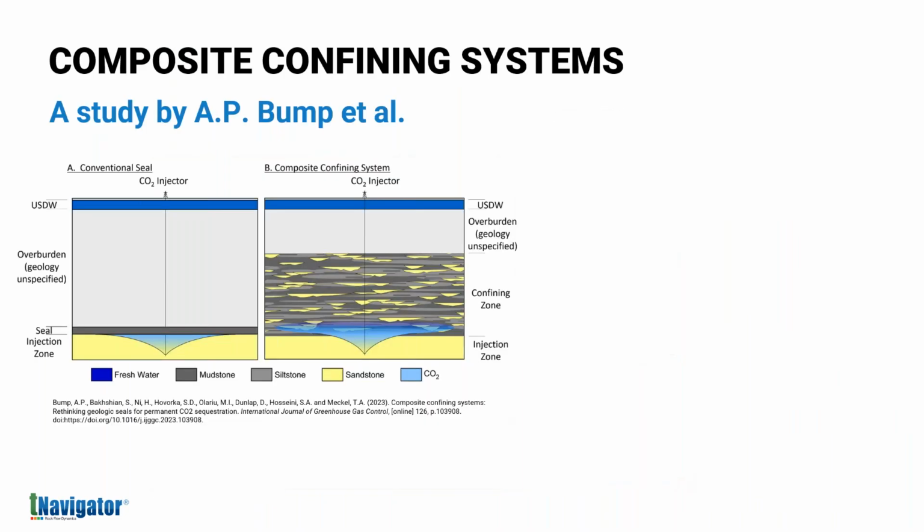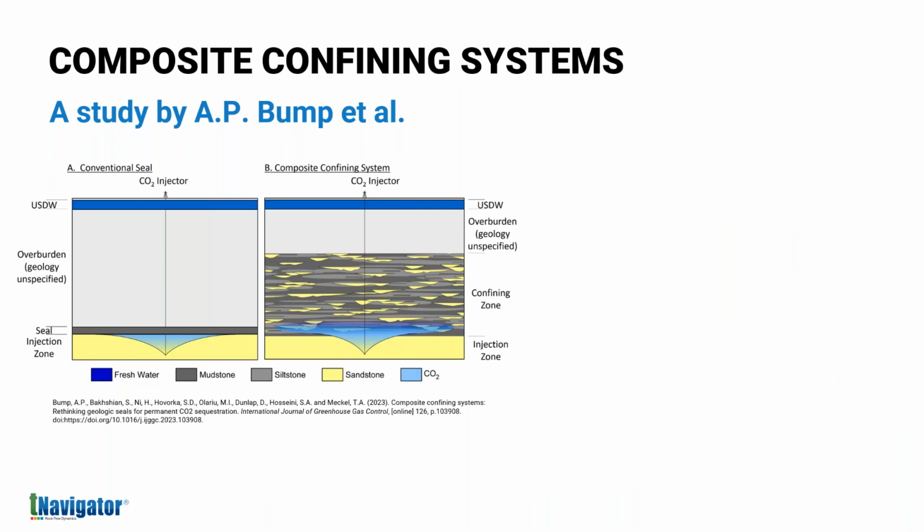So the study by Alexander Bump and his colleagues focused on differentiating the two types of seals and focusing on obviously the composite confining part. So on the left-hand side, we have the conventional seal, where we have a competent seal, which is supposed to hold all the CO2 structurally in place below it itself, so within the injection zone.